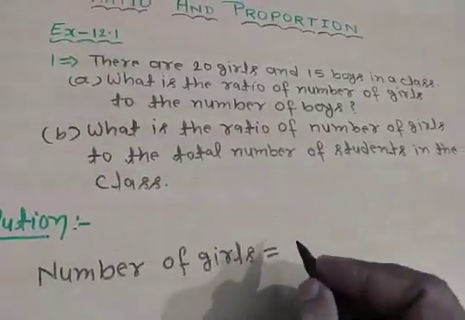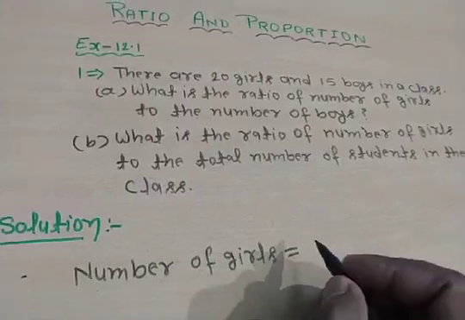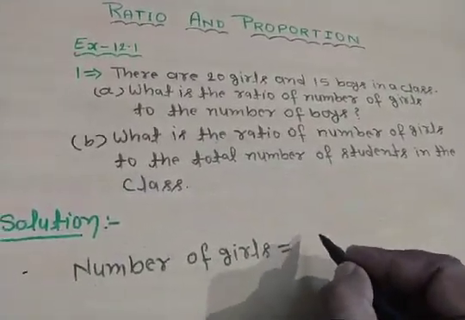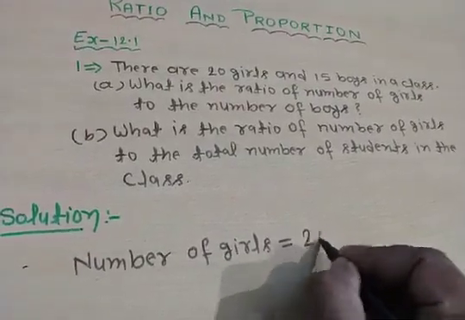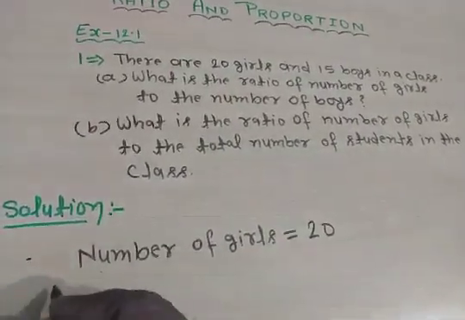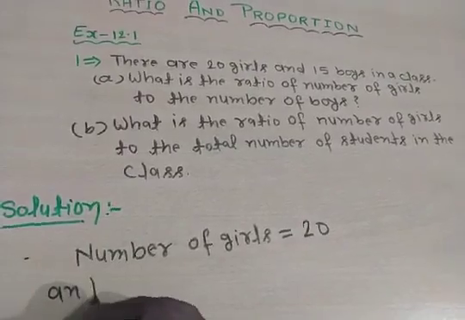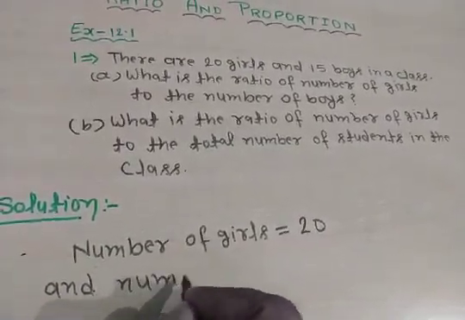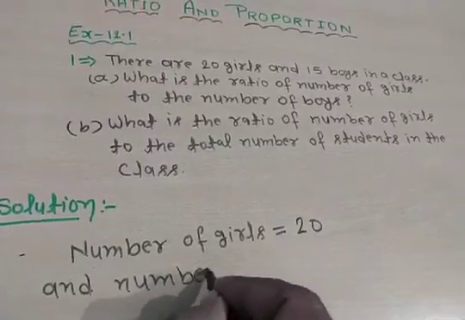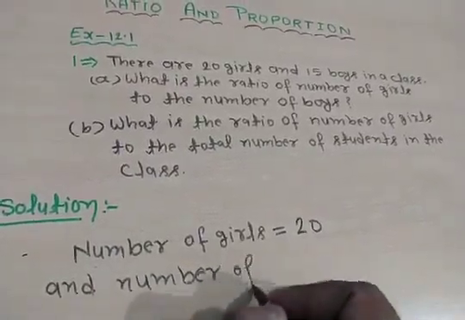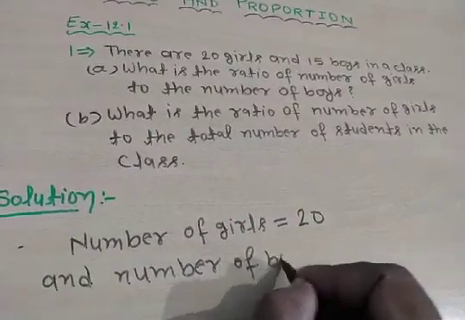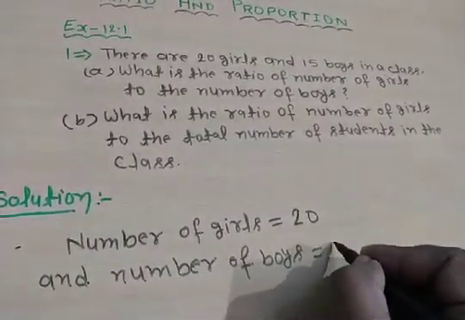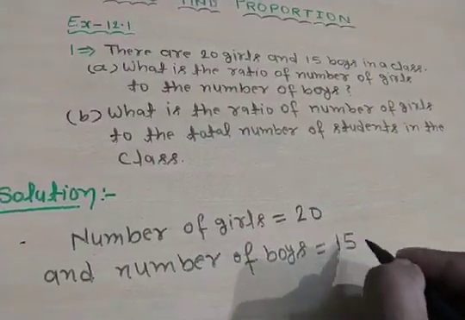Okay, here solution of question 1. Number of girls is equal to, this is given 20, and number of boys, this is given 15. Clear?